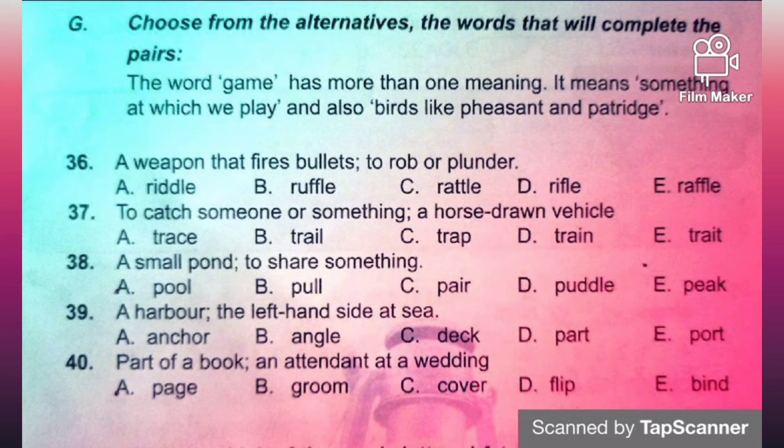Does it also mean a horse-drawn vehicle? Yes, it does. Do you understand? Train, trade, but the answer is trap. To catch someone or something, you trapped it. And also a horse-drawn vehicle. So that is our answer. So we still have 38, 39, and 40. I know you can do that.